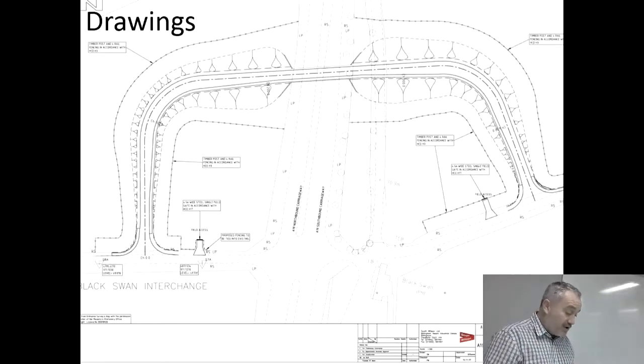Then they had the contractor, and the contractor was Sir Robert McAlpine and Hanson Contracting. And in terms of the bridge, Cleveland Bridge did the steel work. So these are all the people who were involved in that.